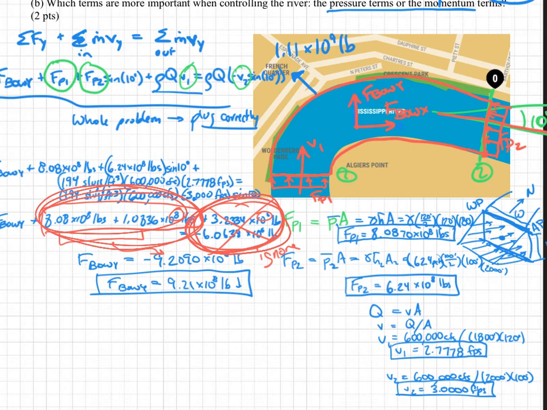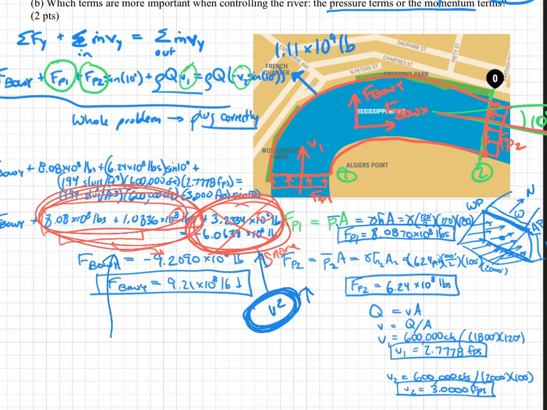But in the meantime, the velocities might double. And if the velocities double, then these terms, because ultimately they have a v and a q, so they have a v squared in there, are going to increase faster than these in a flood. I still don't know if they're going to be of the same order. We could do that math.